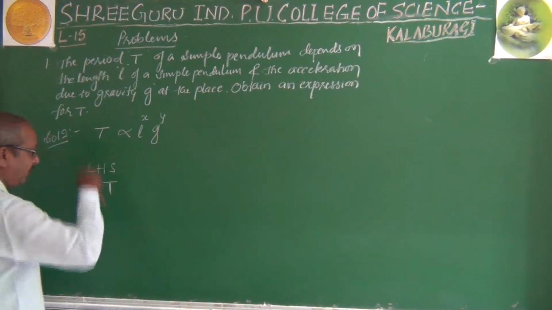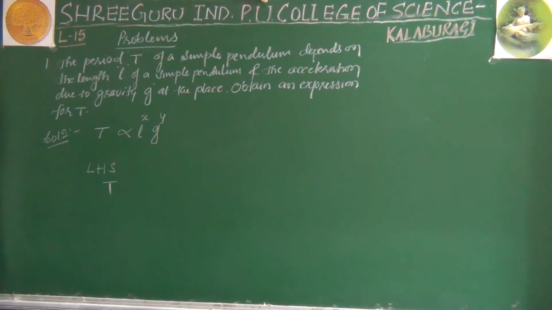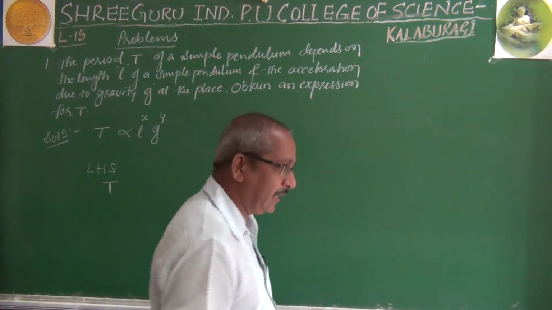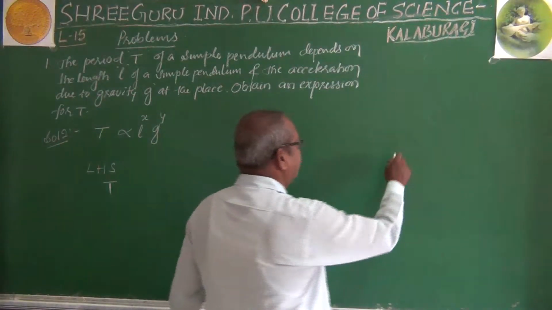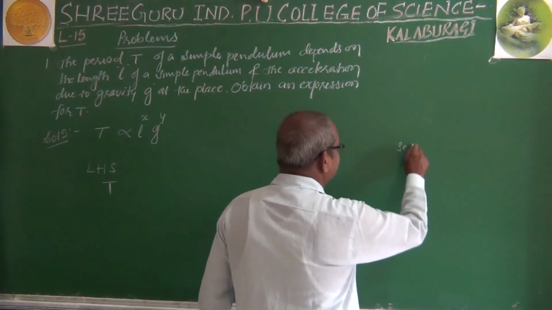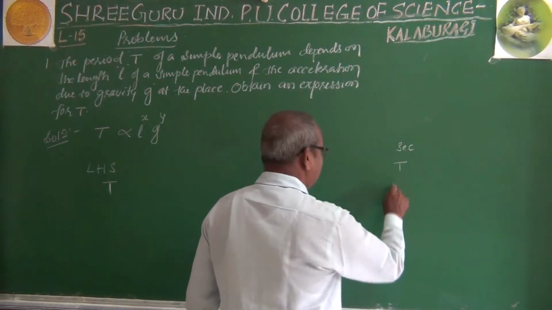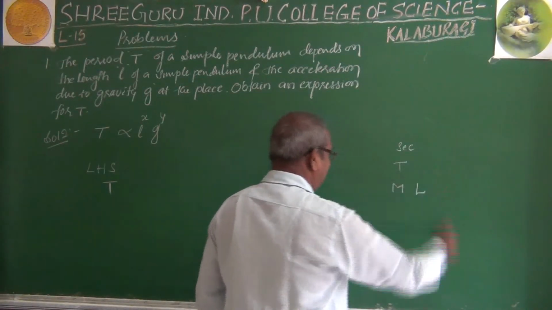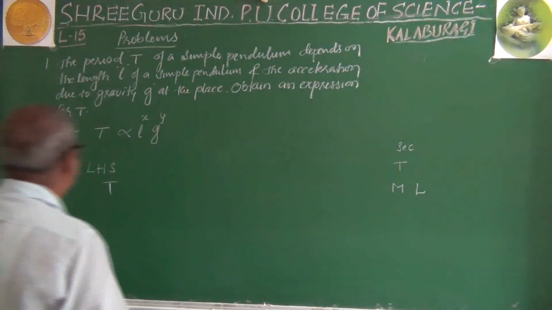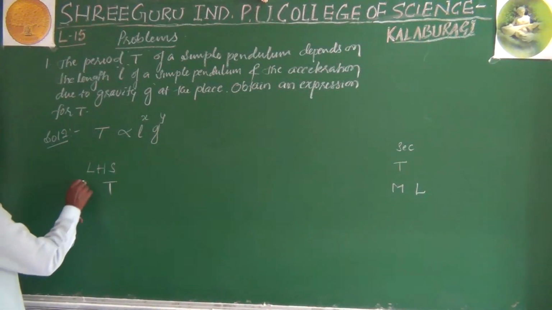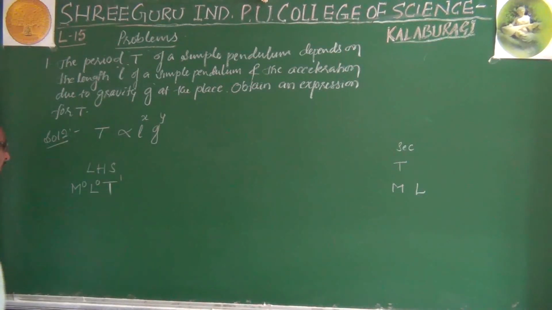The dimension for time period we have to know. As you already know, a few dimensional formulas I gave you. The time period is measured in terms of seconds, and it depends only on time, whereas it is independent of mass and length. So therefore the dimensional formula for time period is M raised to 0, L raised to 0, T raised to 1.